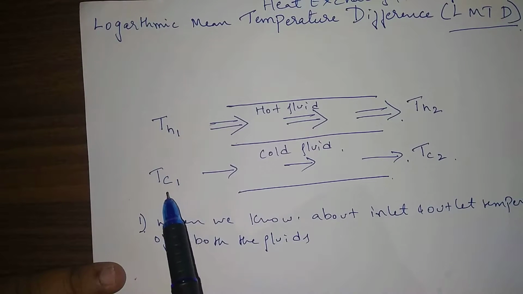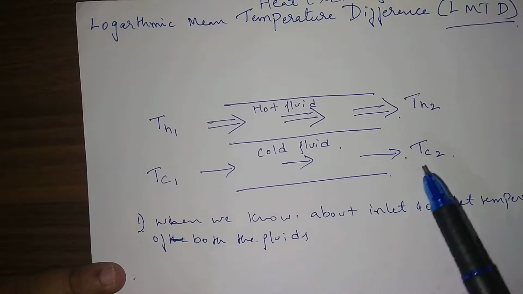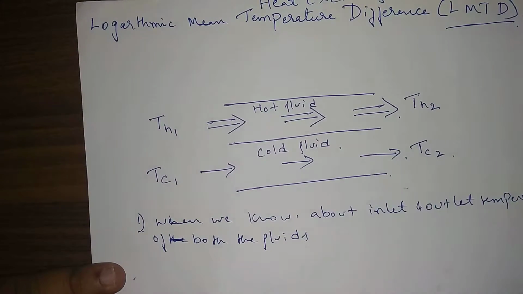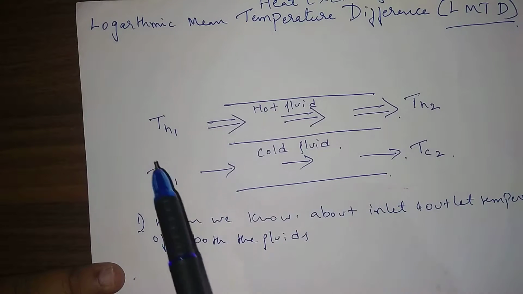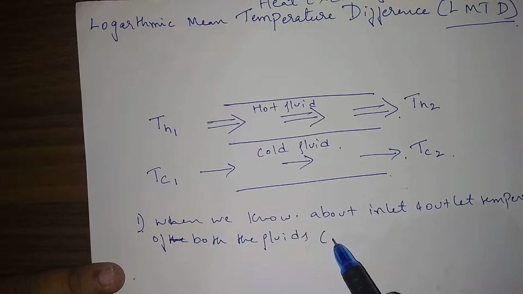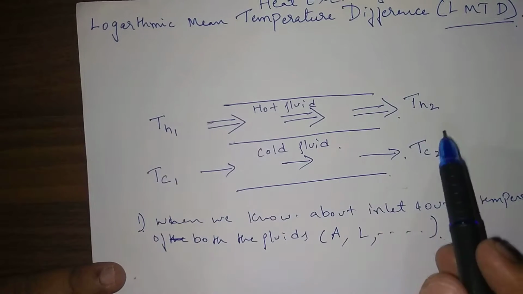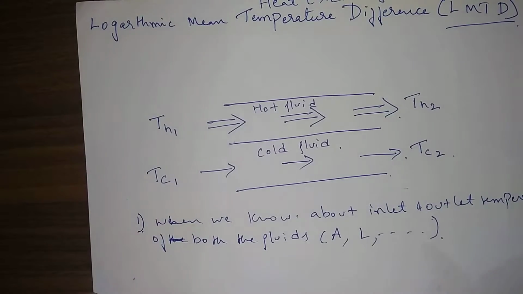So if you know TH1, TC1, TH2, at least minimum 3 temperatures, basically 4 temperatures we need to know. For those given 4 temperatures, we can decide what is the area required, what is the length of the heat exchanger. So all these parameters can be decided based on these 4 parameters. So that is one way.